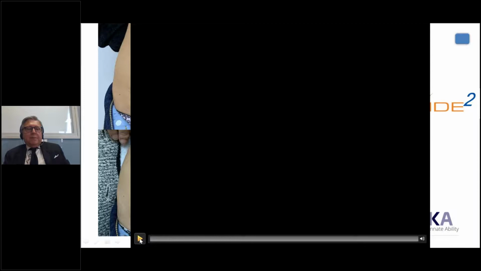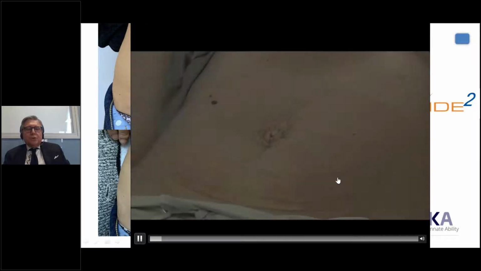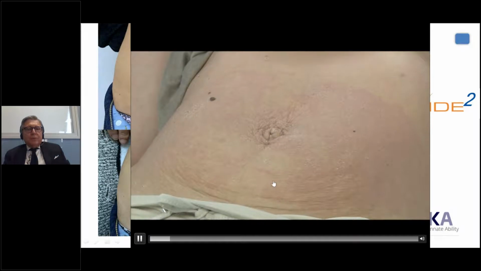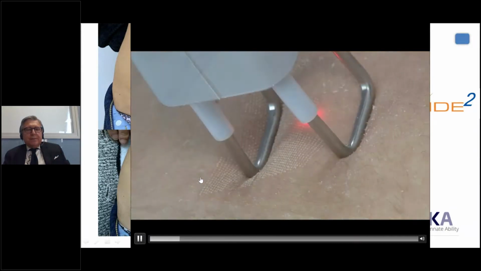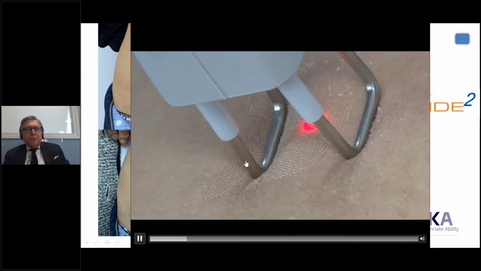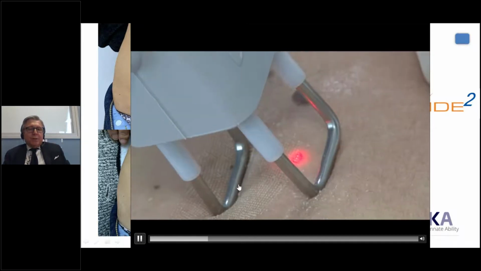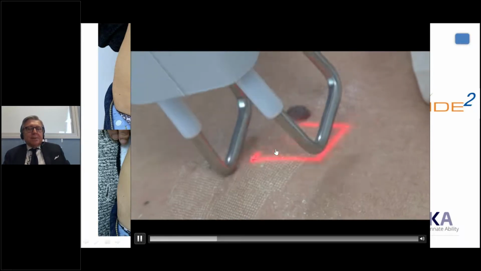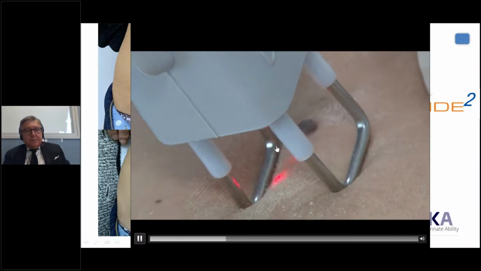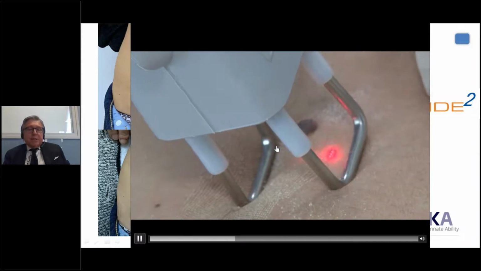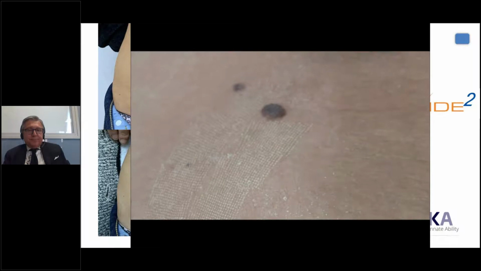Here we have another video where we show you how to deliver the energy on the fat before with Onda, and then after 1 month more or less we perform the treatment with the Smartxide 2 in this case, emitting laser and simultaneously radio frequency.